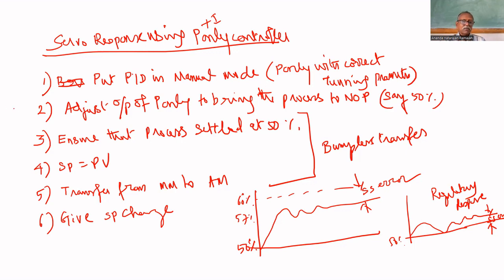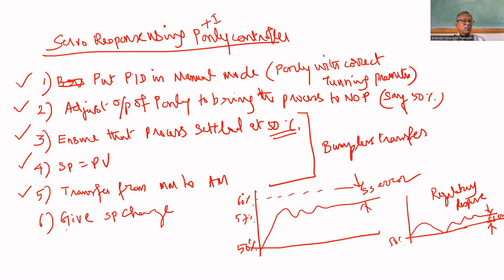After that, ensure that the process is settled at 50%. Then make set point equal to PV, and transfer from manual mode to auto mode. These three steps are called bumpless transfer.